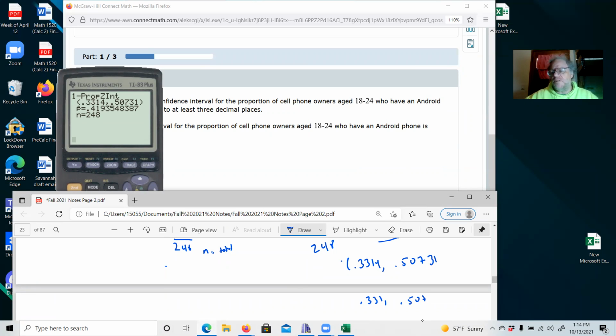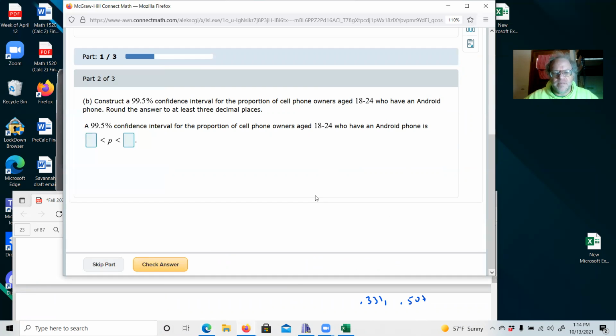So somewhere between 33.1% and 50.7%. That's what we've got. So we want 0.331 and then 0.507.